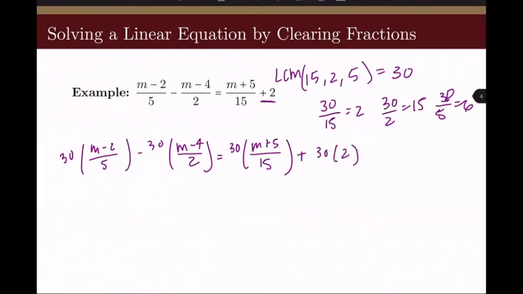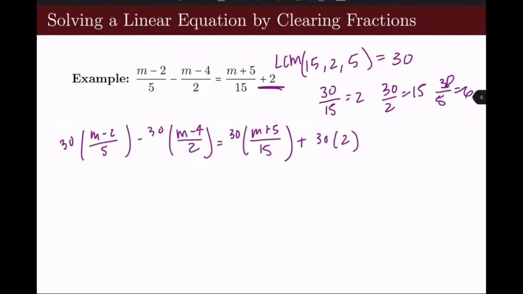Very important, don't ever forget this whole number. It still needs to be multiplied by 30, even though it doesn't have a fraction, because we're multiplying every other term by 30. So you either do the multiplication to all of the terms or none of the terms. So we're doing them to all of the terms.